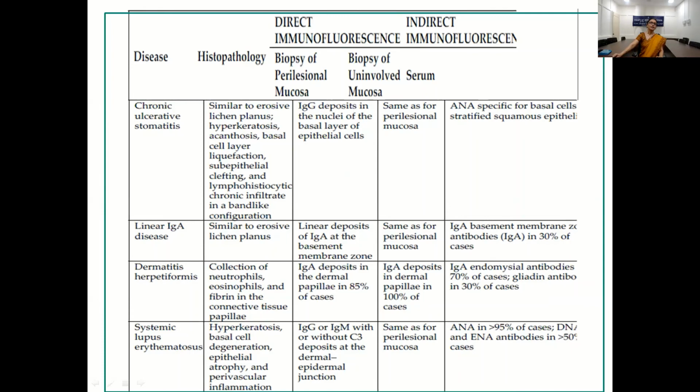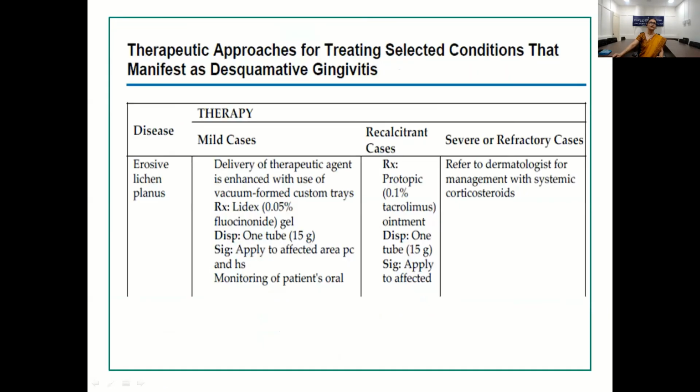In linear IgA disease, the findings are similar to erosive lichen planus. In dermatitis herpetiformis, there is a collection of neutrophils, eosinophils, and fibrin in the connective tissue papillae. In SLE, that is systemic lupus erythematosus, there is hyperkeratosis, basal cell degeneration, epithelial atrophy, and perivascular inflammation.